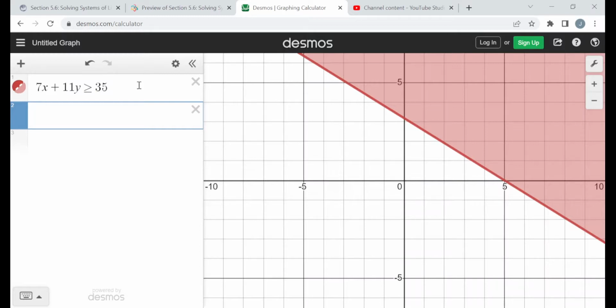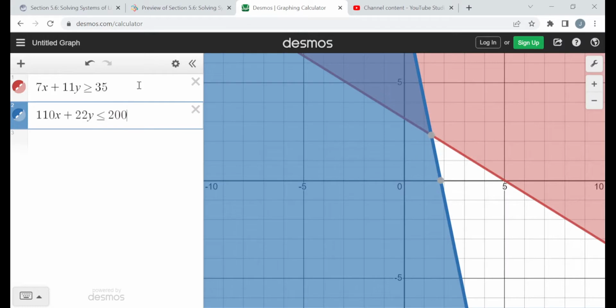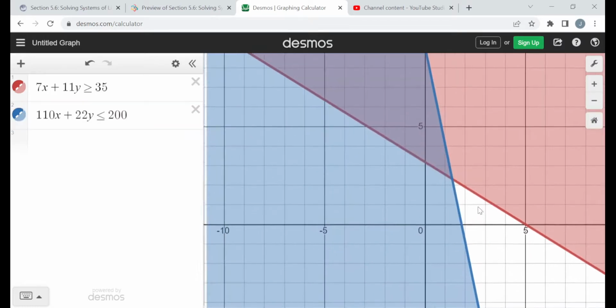And the other inequality was 110x plus 22y is less than or equal to 200. You see the blue region there. And you see the region where they overlap? That was the orange region in my picture. Those are the solutions of the system.